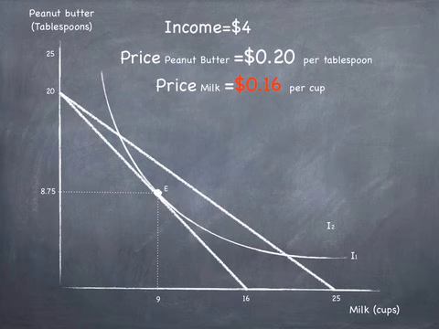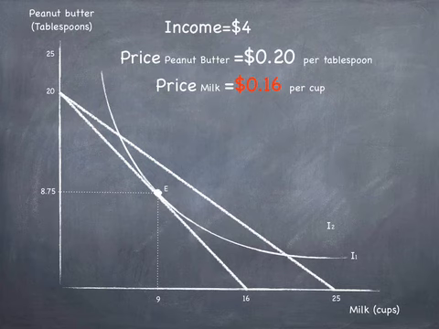So you can see that when the price of milk goes down, the budget constraint pivots out in such a way that she can buy more milk. But if she spends all of her income on peanut butter, she can still just buy 20 tablespoons of peanut butter. Now look at point E. When the price of milk was just 25 cents a cup, point E was the utility maximizing point.